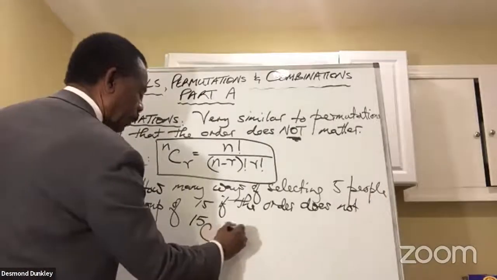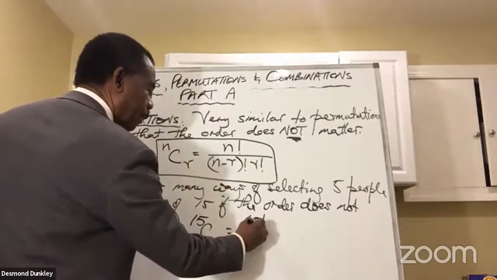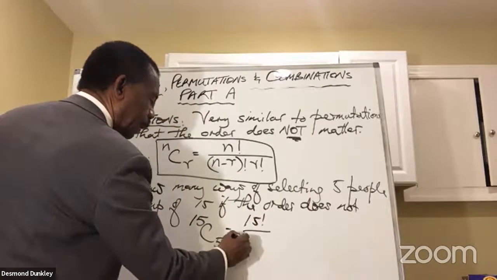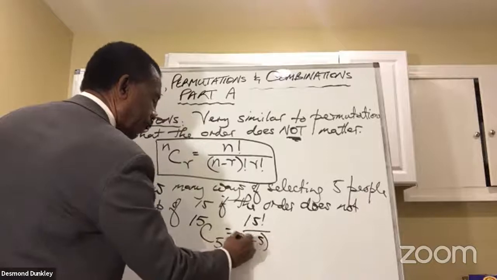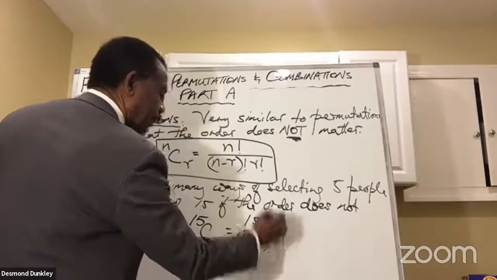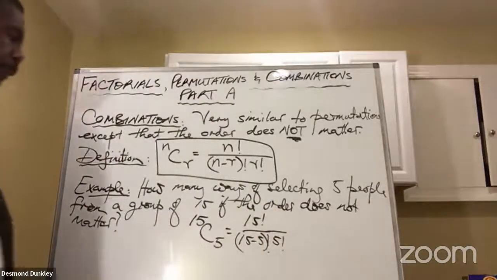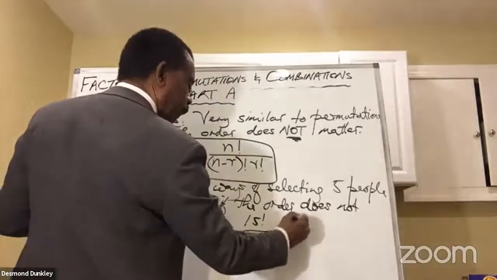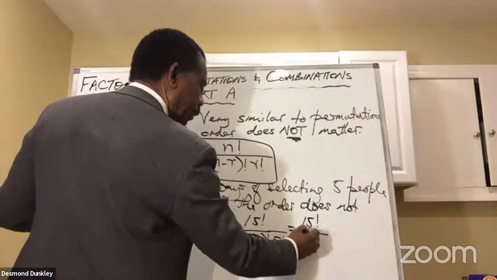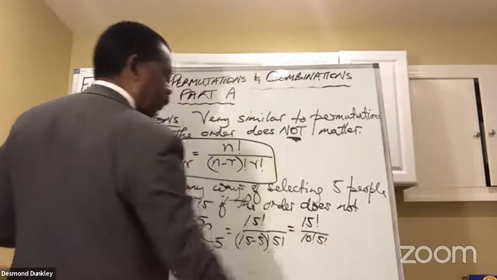So it's going to be equal to 15 factorial over 15 minus 5 factorial times 5 factorial. So it's going to be equal to 15 factorial over 10 factorial times 5 factorial.